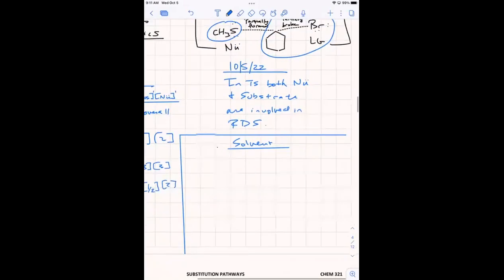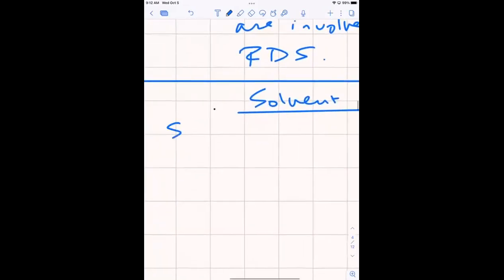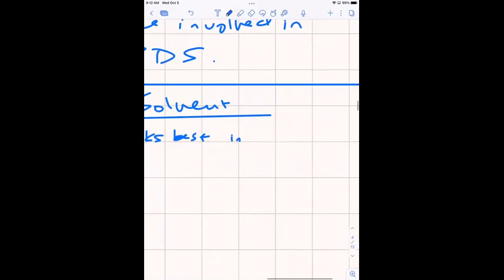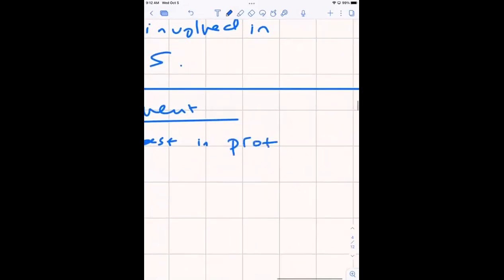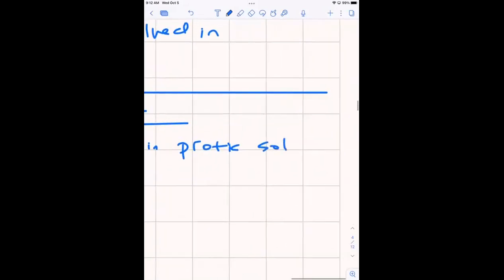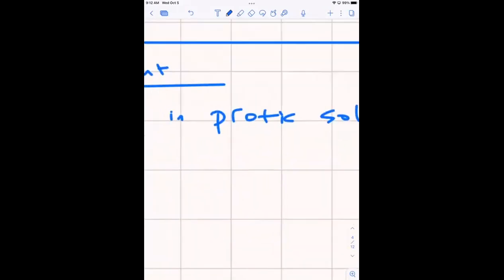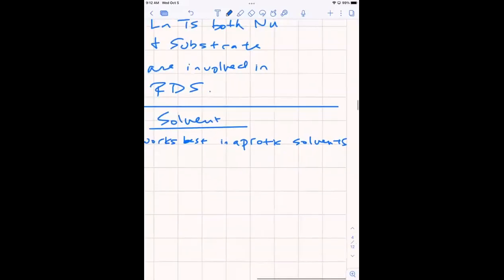All right. So we said that for this reaction, right, it works best in aprotic solvents. What does that term aprotic mean again?